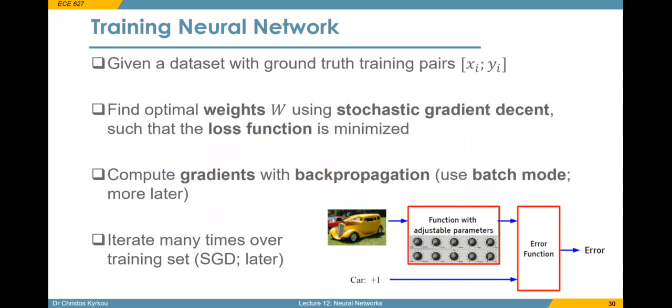So now that we saw the main components of a neural network, let's move on to how we can train it and how we can learn and find the parameters of the neural network, the W's and the B's.